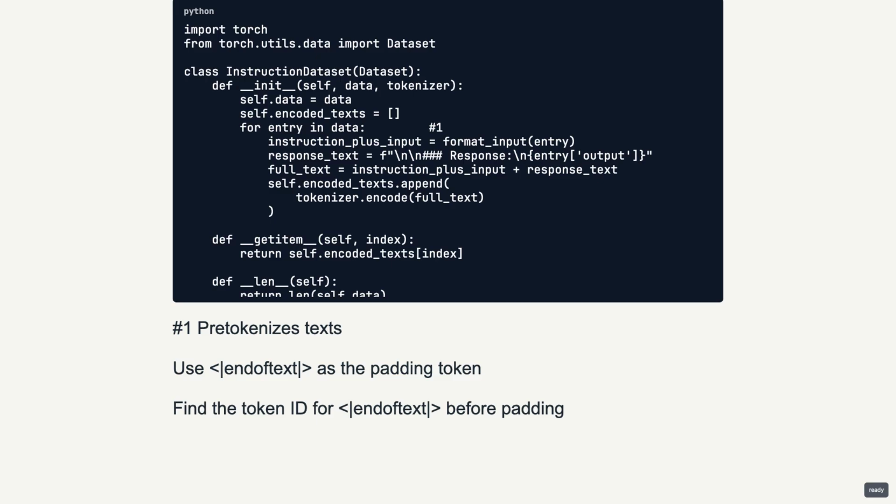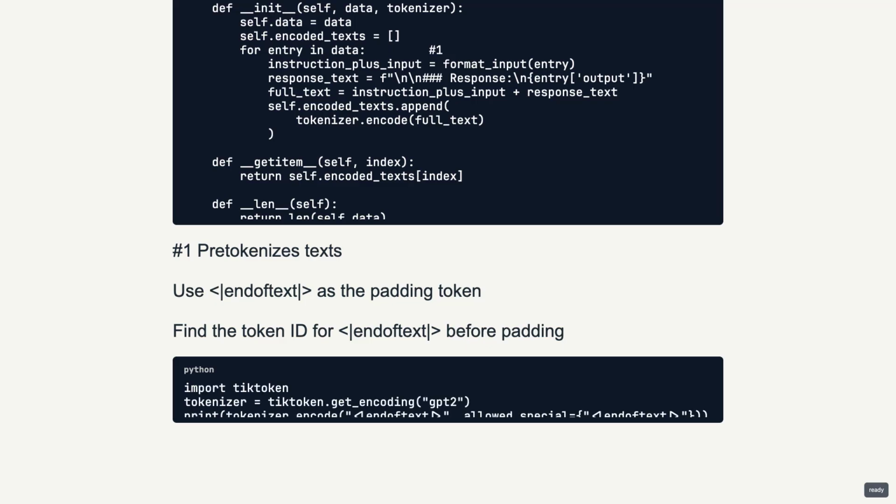Calling encode on the special token tells us which integer to append whenever we need padding. The tokenizer is asked to encode the special end-of-text symbol, and the allowed_special argument makes that possible. The printed number is the exact token ID we will reuse as padding in the batch builder.